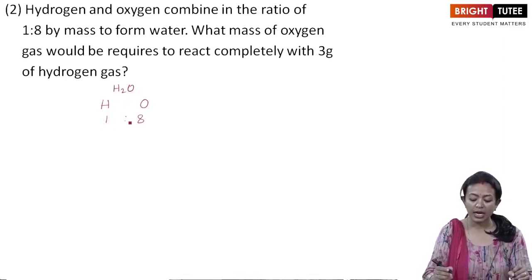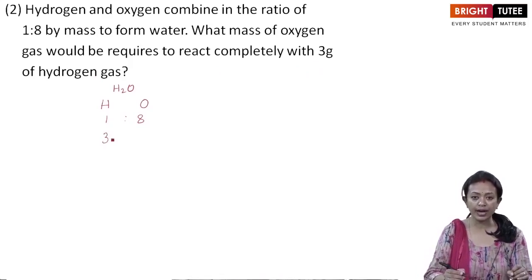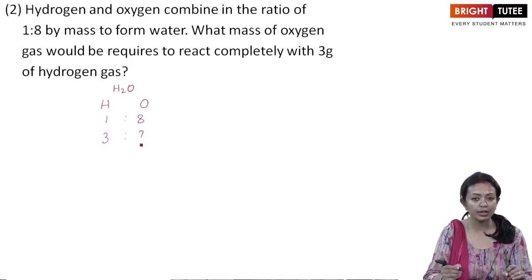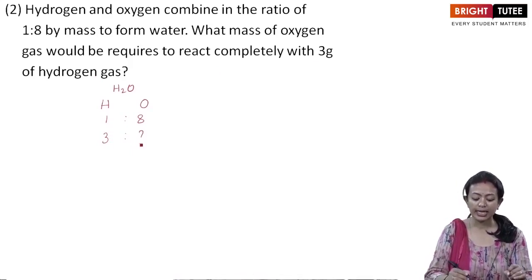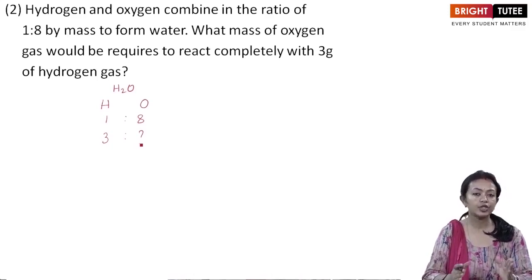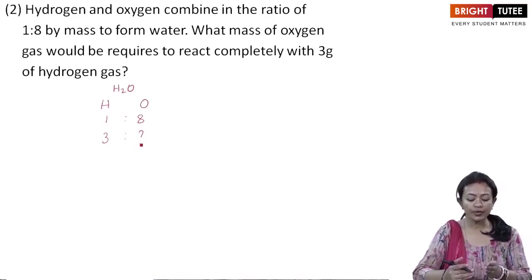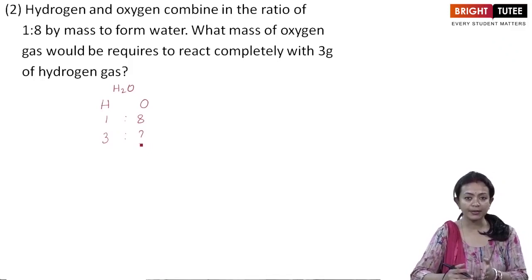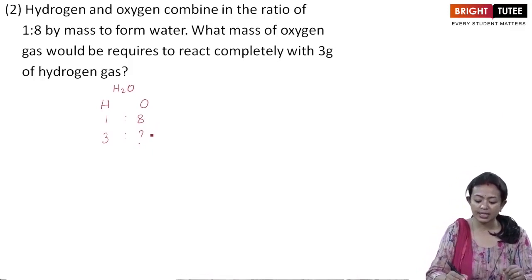So if we have 3 grams of hydrogen, what will be the amount of oxygen? We know that the ratio by mass is always constant for a particular compound. So if hydrogen increases 3 times, oxygen should also increase 3 times. That is, 3 into 8 equals 24 gram.